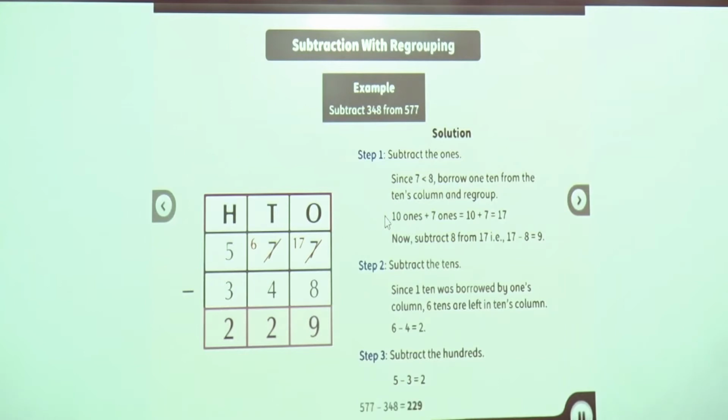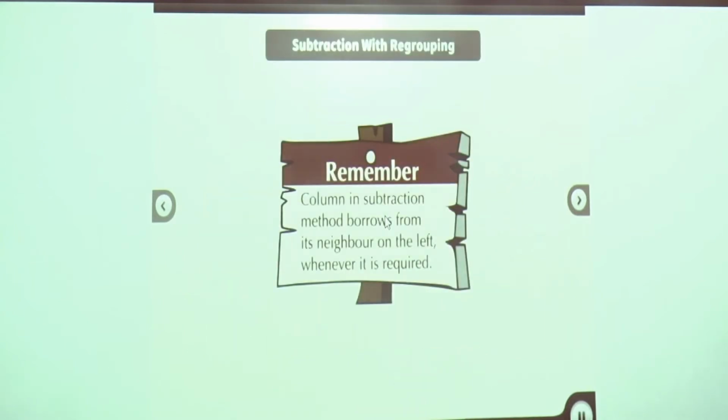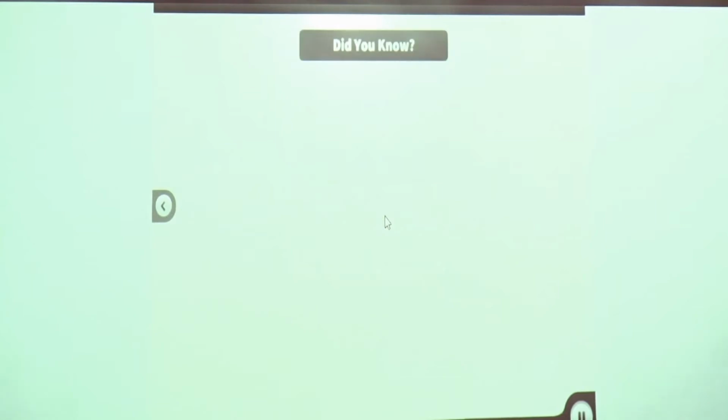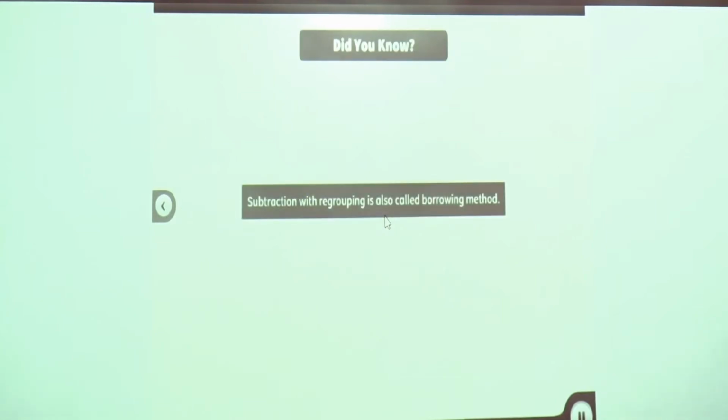Thus, 577 minus 348 is equal to 229. Point to remember: the column in the subtraction method borrows from its neighbor on the left whenever it is required. Did you know that subtraction with regrouping is also known as the borrowing method?